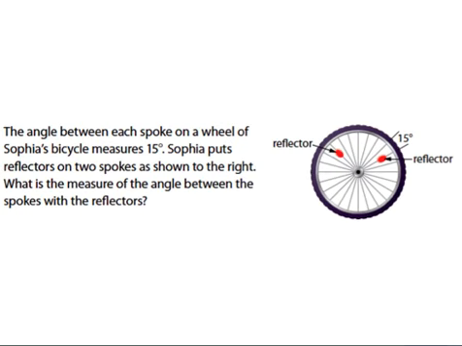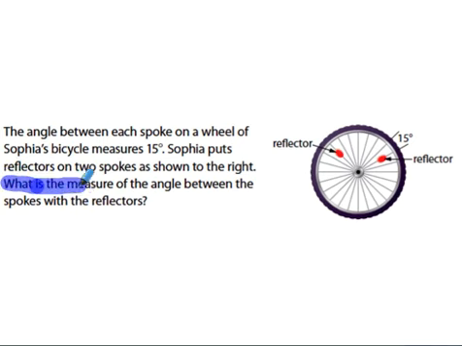All right, let's read it again. The angle between each spoke on a wheel of Sophia's bicycle measures 15 degrees. Sophia puts reflectors on two spokes as shown to the right. What is the measure of the angle between the spokes of the reflector? Well, next we should be asking ourselves, what is this question about?